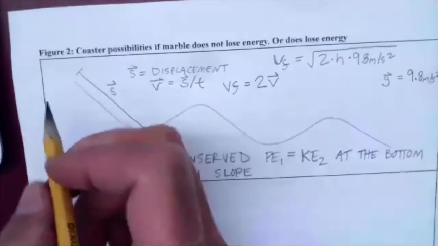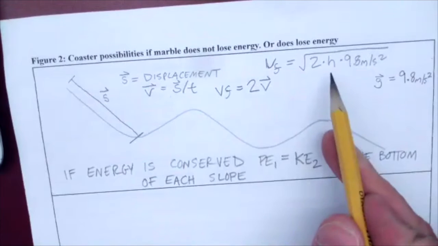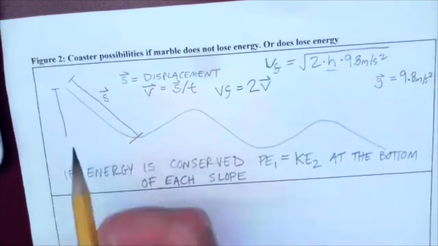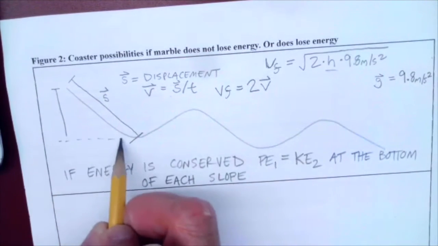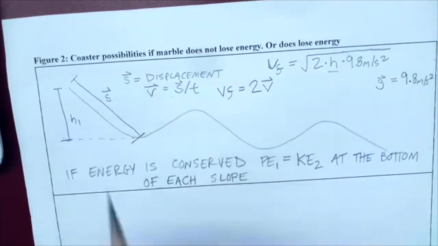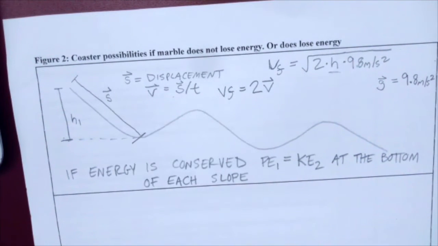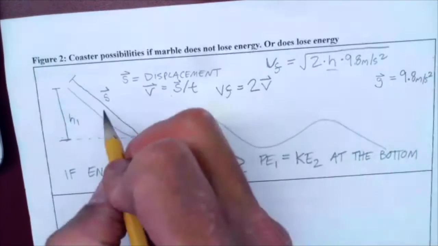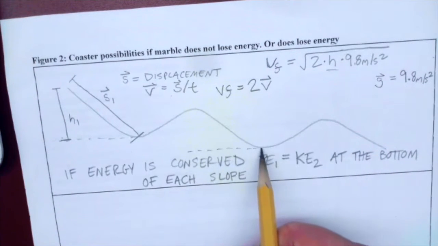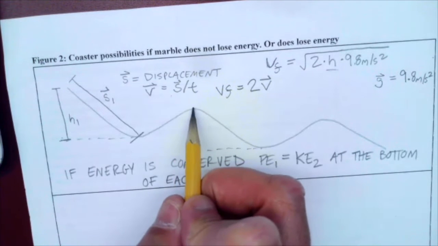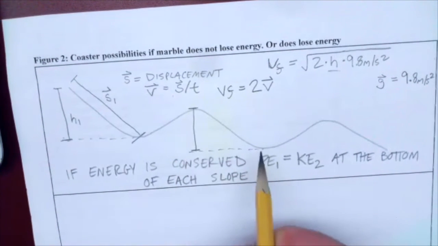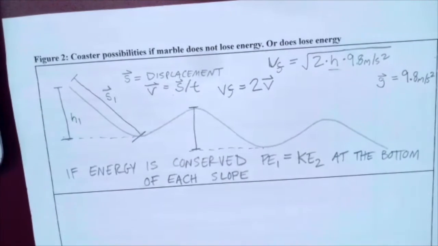Okay, so this is the height. So h right here is this height, from here to here. So this would be h1. That's the height of the first slope. That's the displacement of the first slope. Be careful, your height has got to go from the peak to the trough of that specific slope.